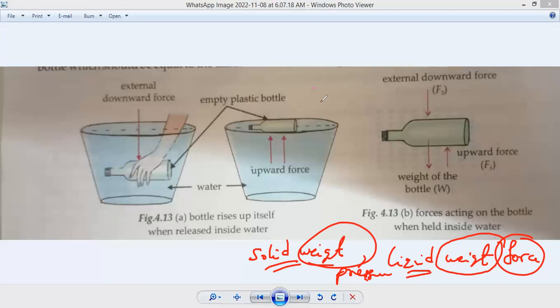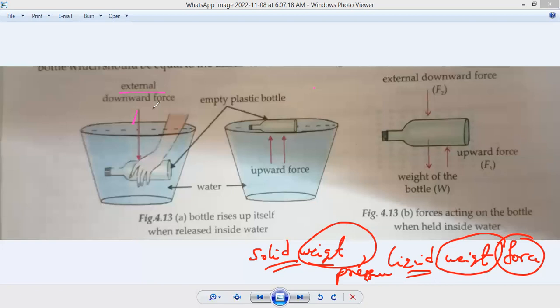So when we try to push the empty plastic bottle into a bucket filled with water, we push the bottle with our hand by applying external force in what direction, everybody? Downward direction. And one question I will ask you, please respond. The weight of an object will always act in what direction? Downwards or upwards or any other direction? Weight of the object. Downward direction. All of you should remember.